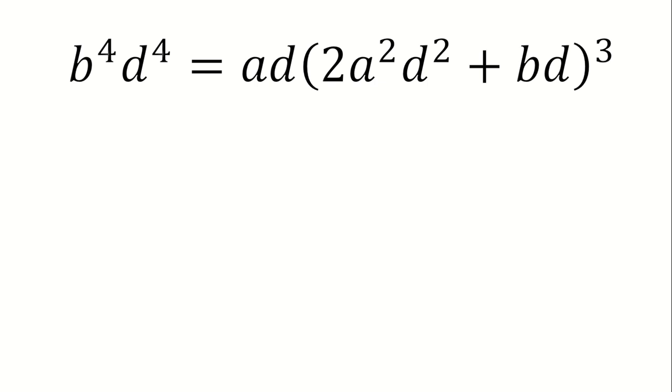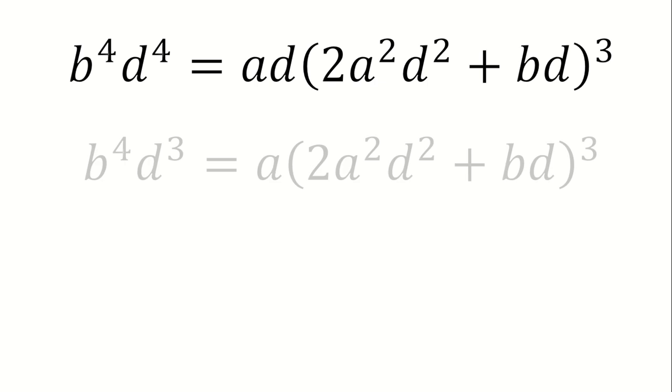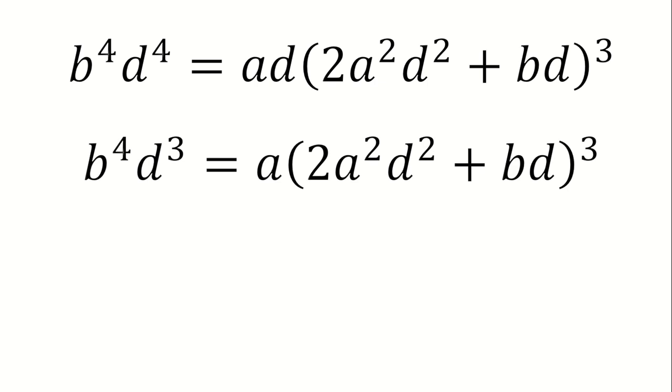So we can simplify the D factor from both sides, D to the power of 4 on the left and D to the power of 3 from the right side.